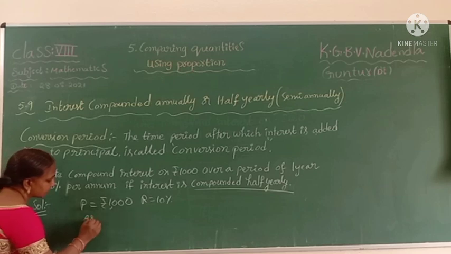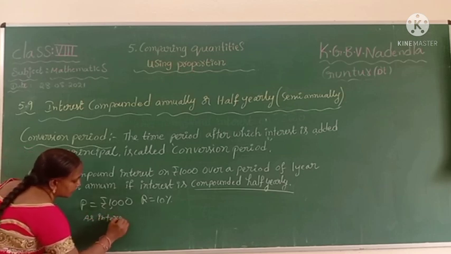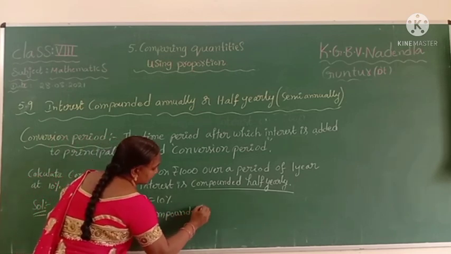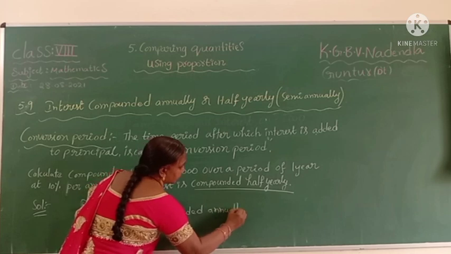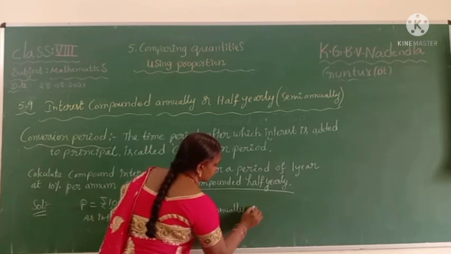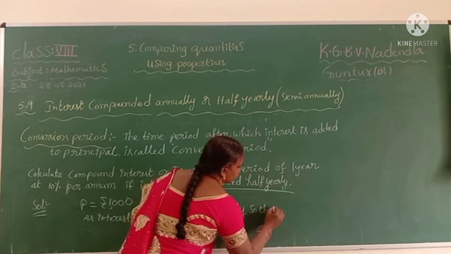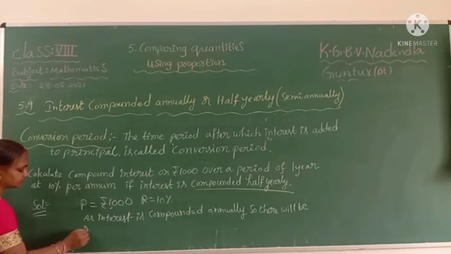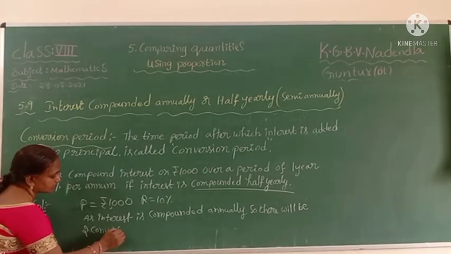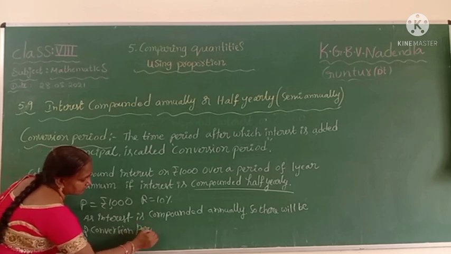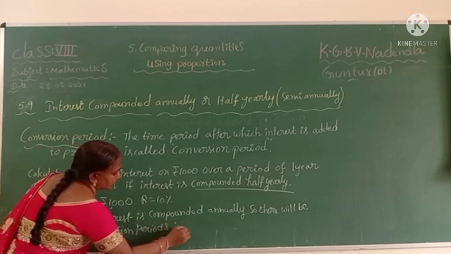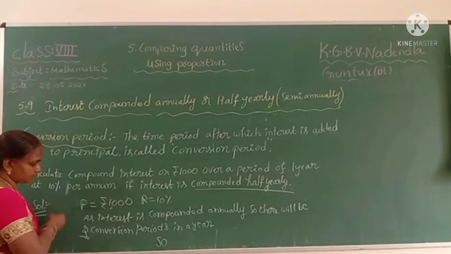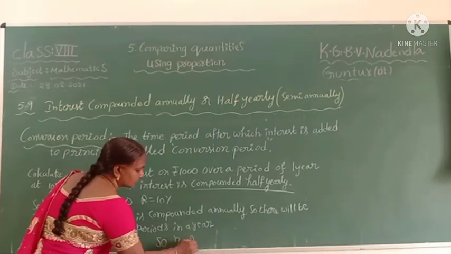As interest is compounded half-yearly, there will be two conversion periods in a year. So n is equal to 2.